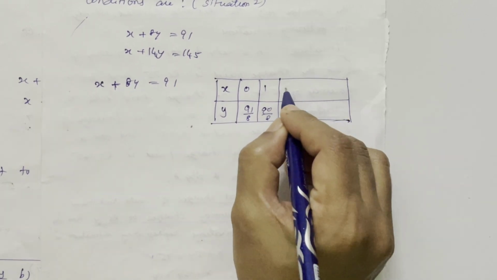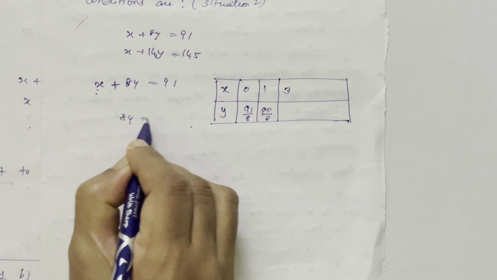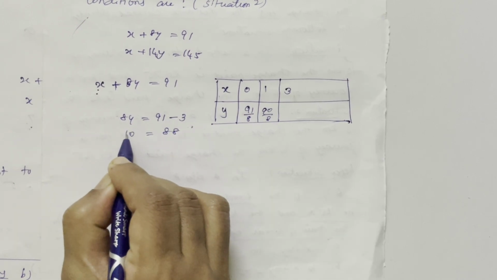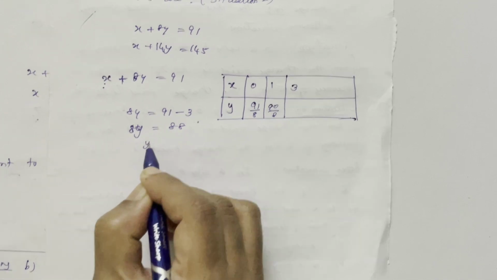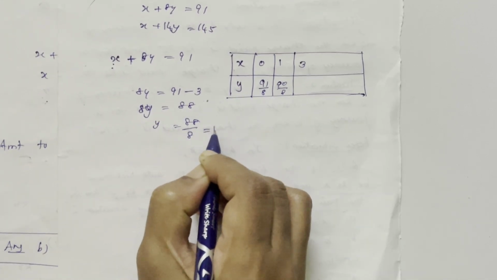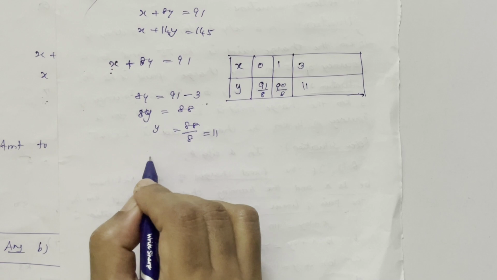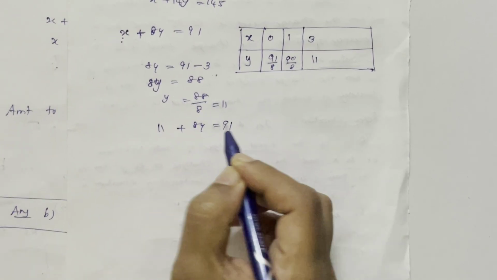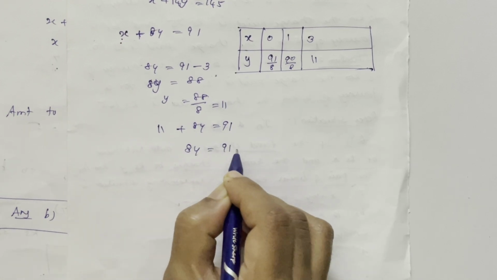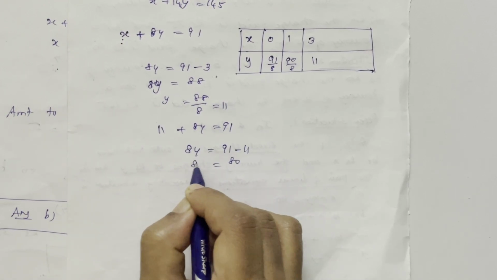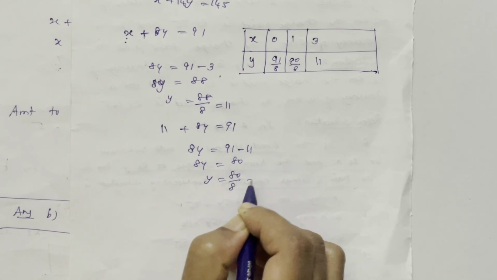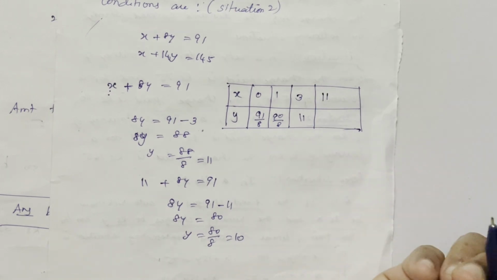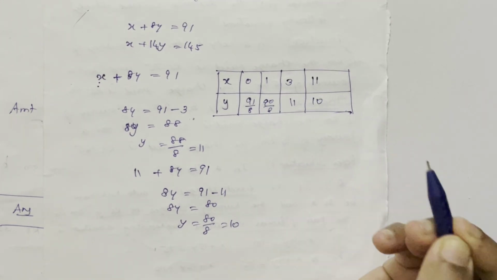So I am taking 3 for x, 8y equal to 91 minus 3, so that is 88. 88 divided by 8 is 11. Next I am taking 11 for x: 11 plus 8y equal to 91, so y equal to 80 by 8. So y is 10. When I use 11 for x, I get y as 10.